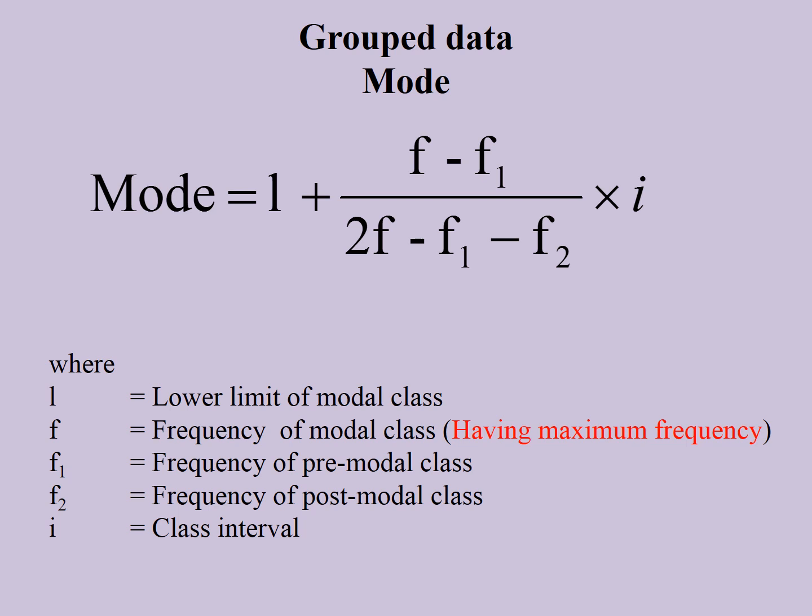Here the criterion for selection of the modal class is that the class having the maximum frequency is your modal class. F1 stands for the frequency of the previous class, F2 stands for the frequency of the post or next class, and I stands for the class interval. And the formula, again I repeat: L plus (F minus F1) divided by (2F minus F1 minus F2), into I.